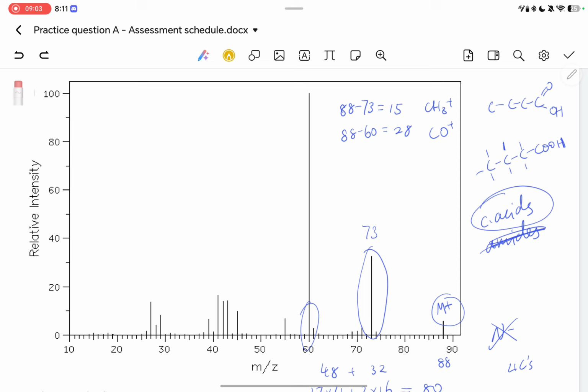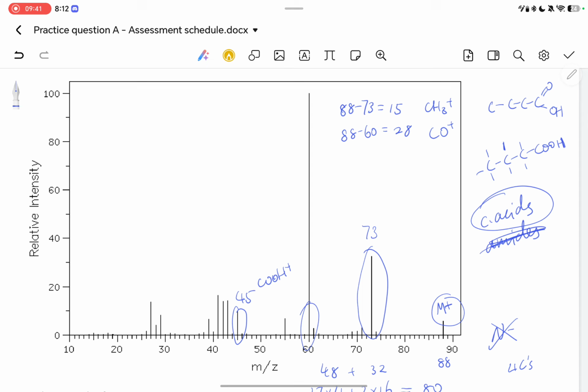And now we can take a look at these peaks right here. There's a little cluster of them. We can take a look at one particularly first, maybe this one at 45. 45 indicates COOH plus, or it indicates 2 other things as well, which are ethanol and other ions related with ethanol, which is not our case because we are quite confident that it's already a carboxylic acid.